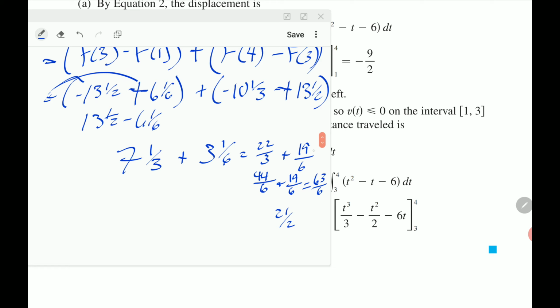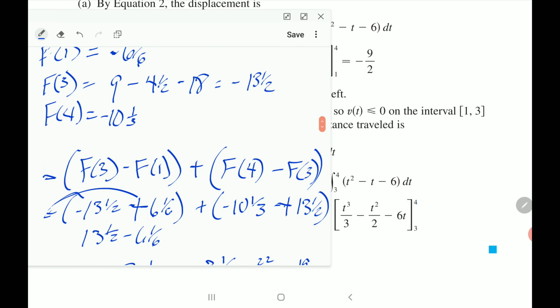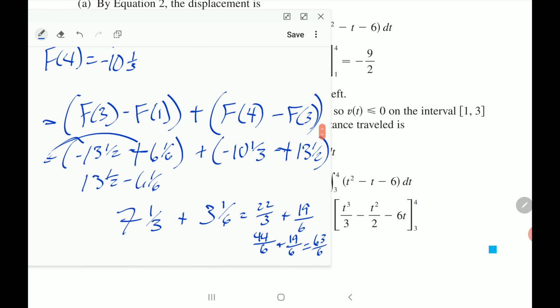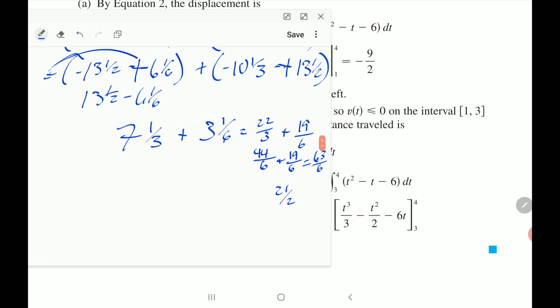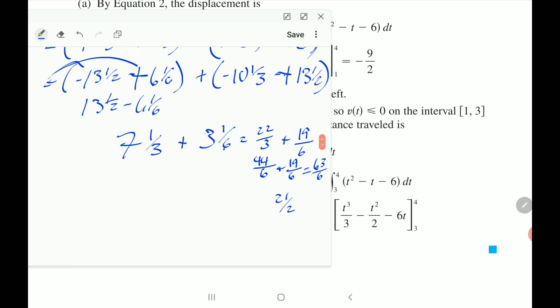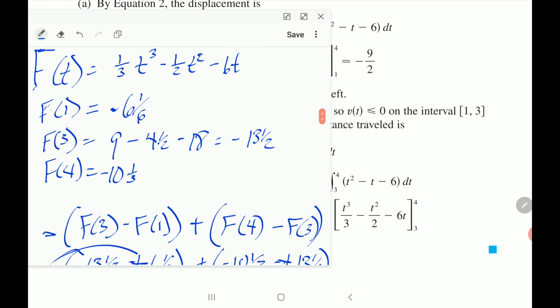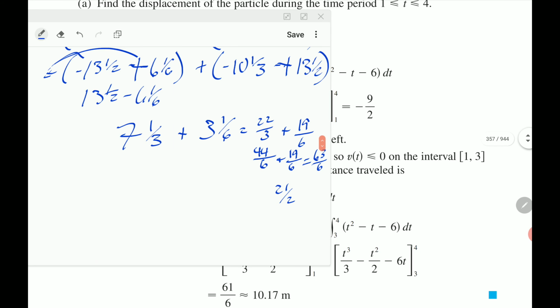Off by 2 somehow. I'm off by 2/3. Or 1/3. I'm off by 1/3.